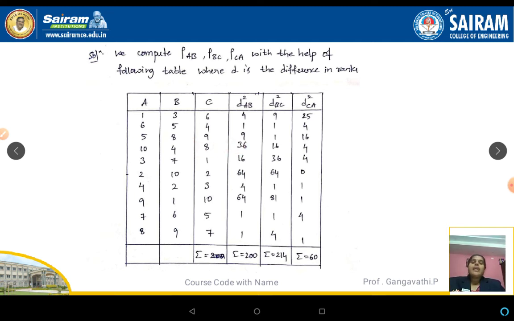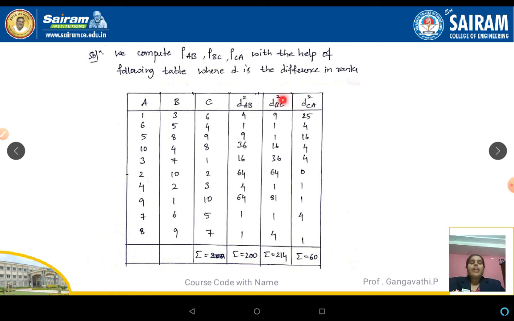Likewise, take the difference of the ranks of A and B, square it, and enter the values here. Summing the squared differences of AB, we get the value 200.